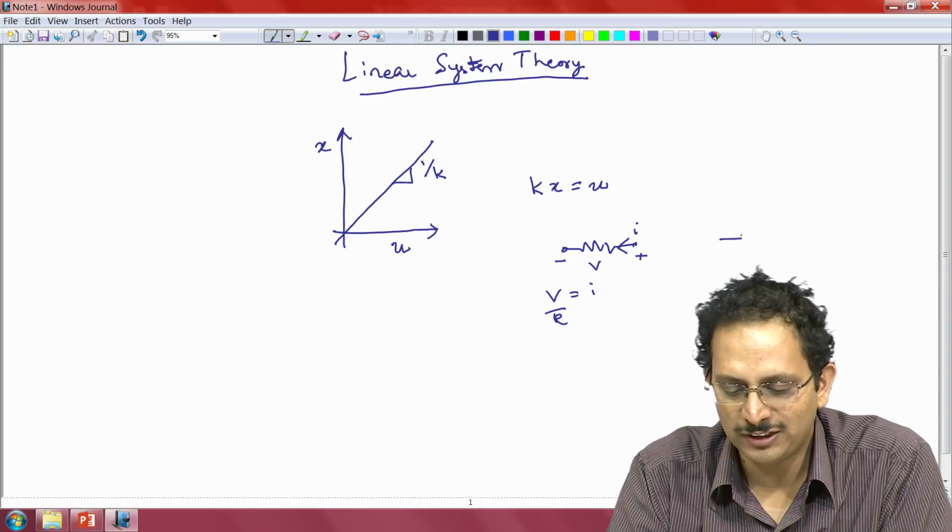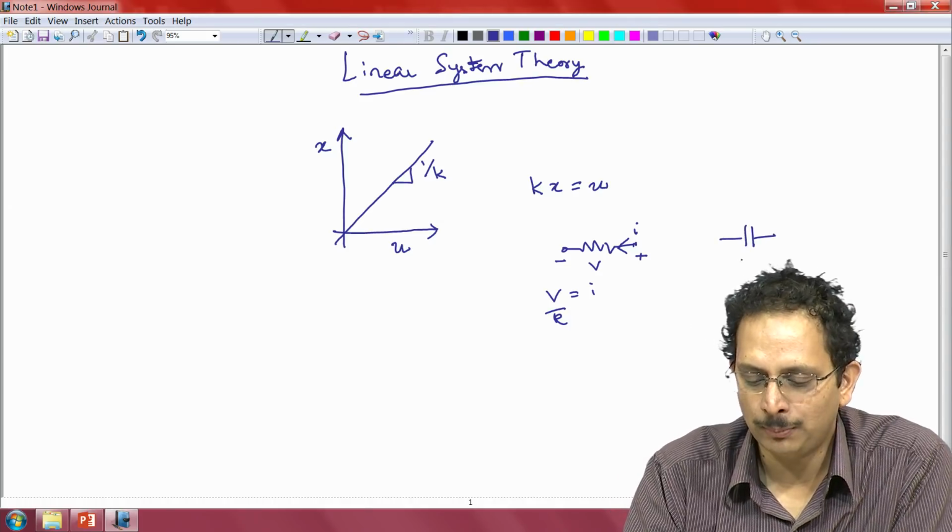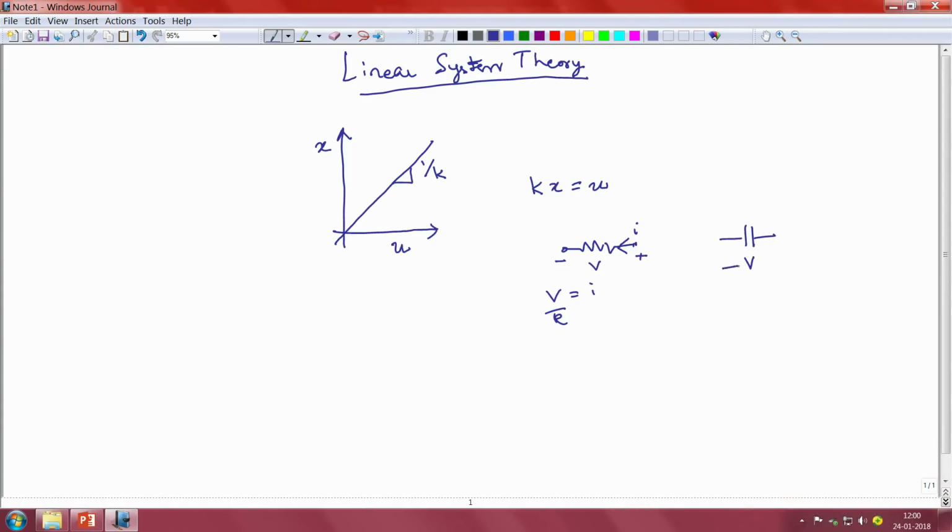Likewise, if I take a capacitor and I have some potential difference V across the capacitor and a charge Q on the plates of the capacitor, then I have a relationship between the charge and the voltage as Q equal to CV. Likewise, in the mechanical domain, one could think of a spring where the relationship between the force applied by the spring and its extension is once again a proportionality constant which is equal to the spring constant.